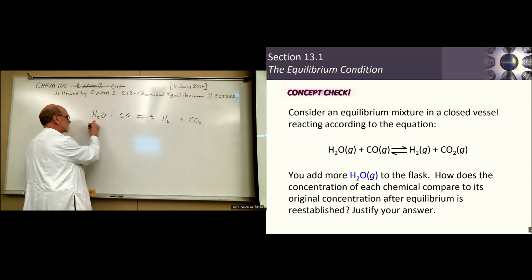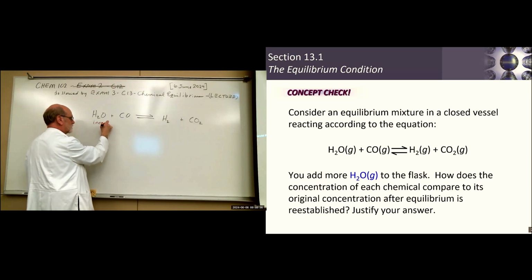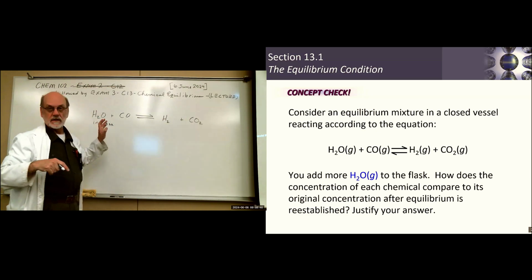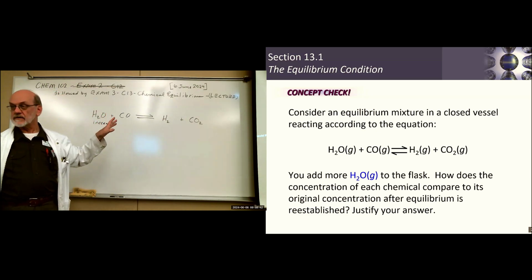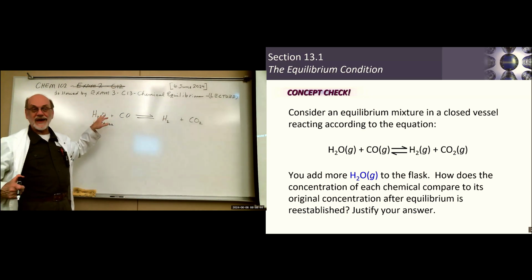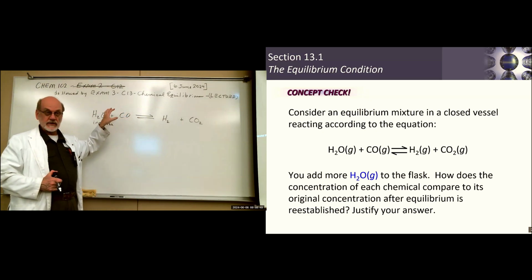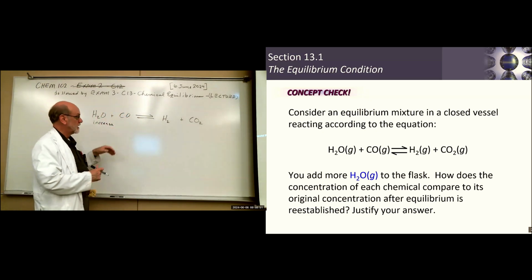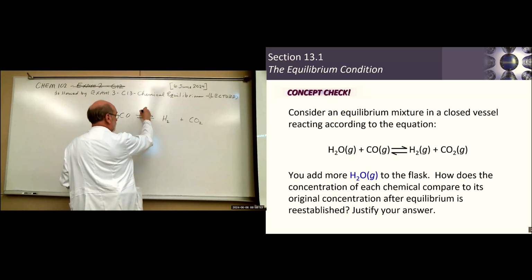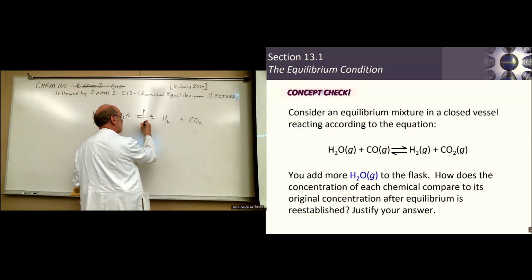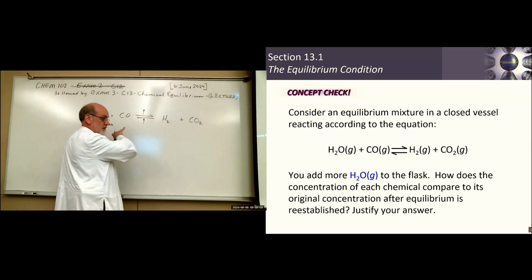But if we increase this concentration, now the kinetic molecular theory says that you're going to have more impacts between this one and what's left of that one, which means you're going to increase the reaction rate. So the rate goes up here until you produce enough of this. So now the rate on the reverse matches it.